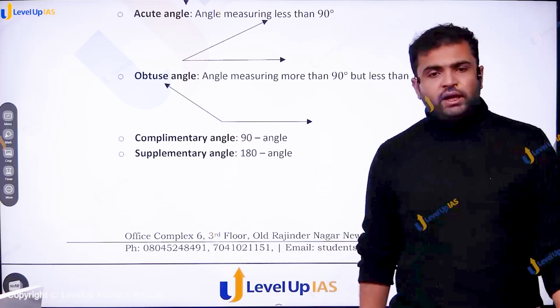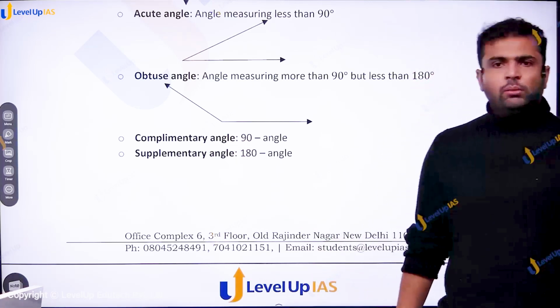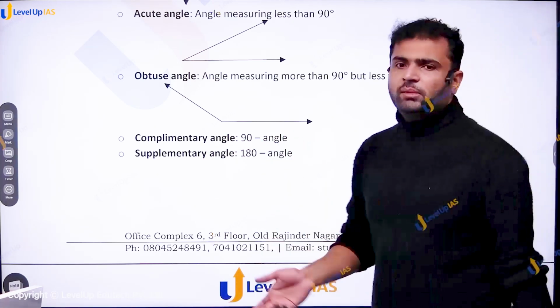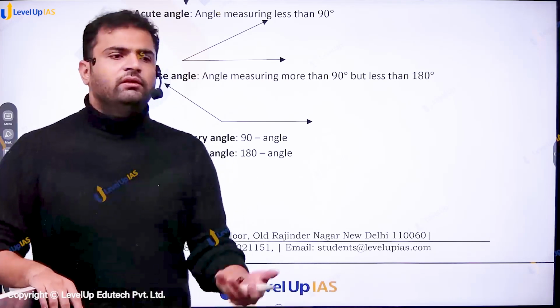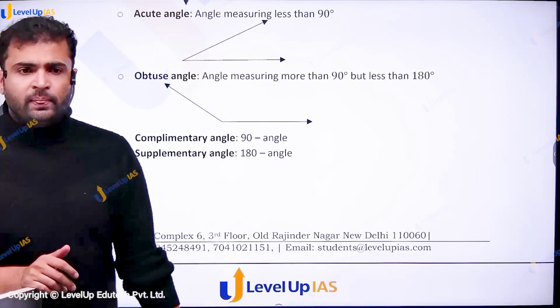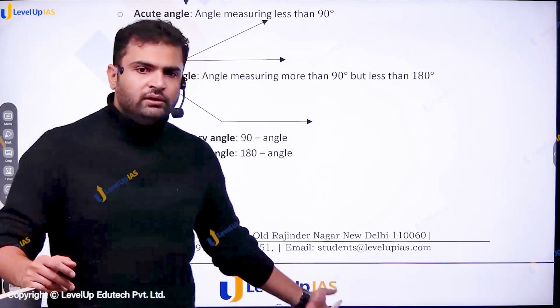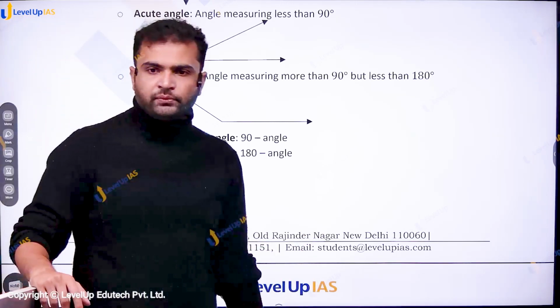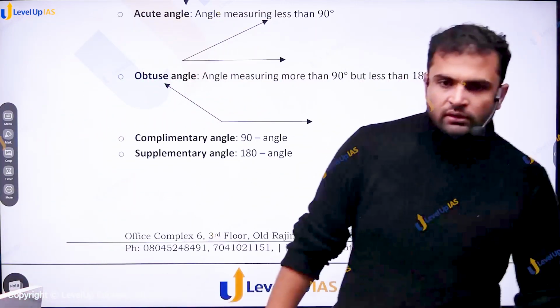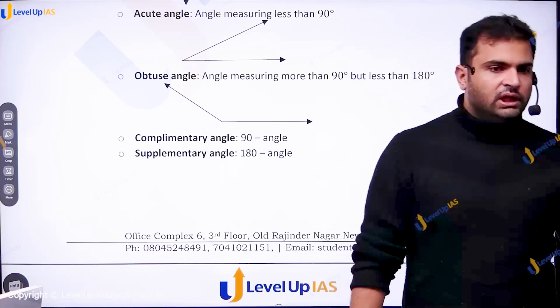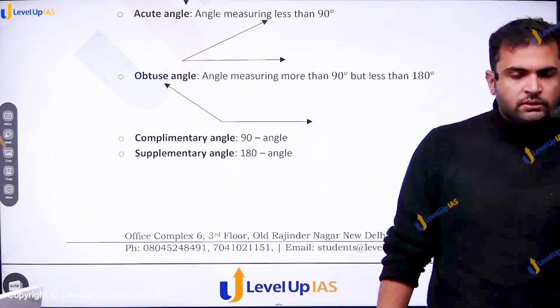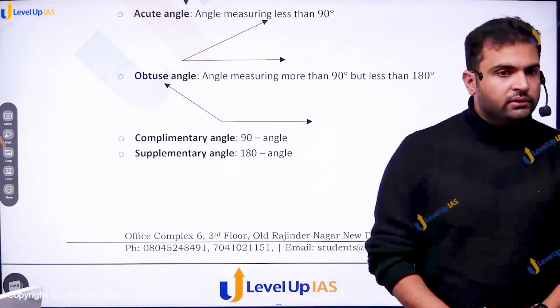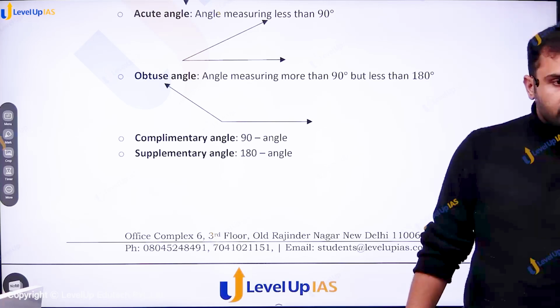Next is complementary angle and supplementary angle. Complementary angle of an angle is 90 minus given angle. For example, if my given angle is 30 degrees, complementary angle of 30 degrees would be 60 degrees, 90 minus 30. If given angle is 75 degrees, complementary angle of that would be 15 degrees.